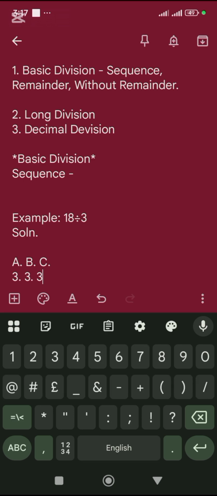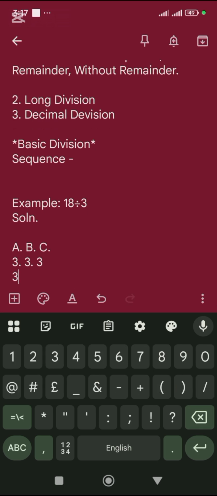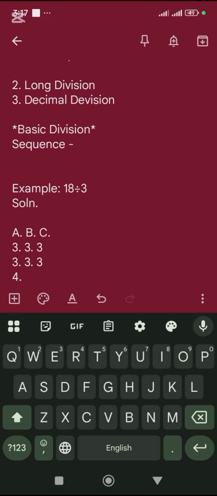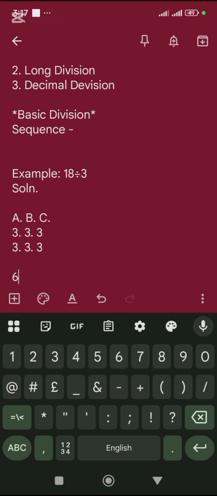3, that's 9. It means that we can give another 3, another 3, another 3. Each group now has a total of 6. 3 plus 3 is 6.